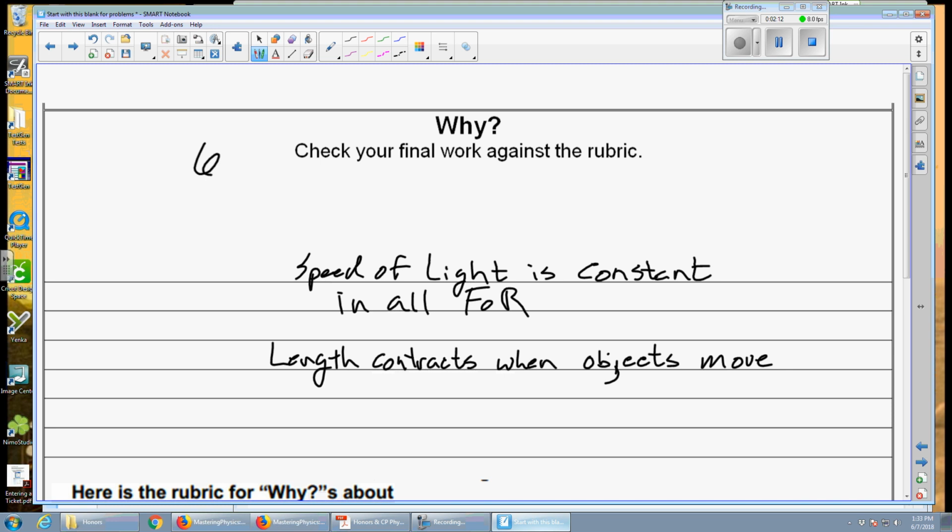Let's see. So I've kind of got my main concept, I've got my fact, but I need something that ties it to this one. Let's say like the meter stick is shorter while moving.